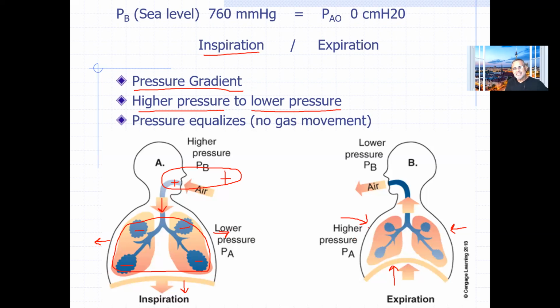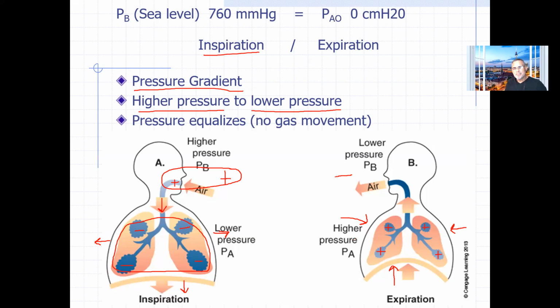Because that happens, we see that that pushing actually increases pressure. You can see I'm making these plus signs, increases pressure compared to outside.